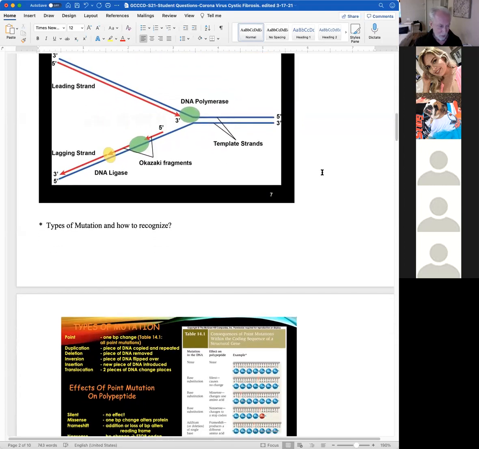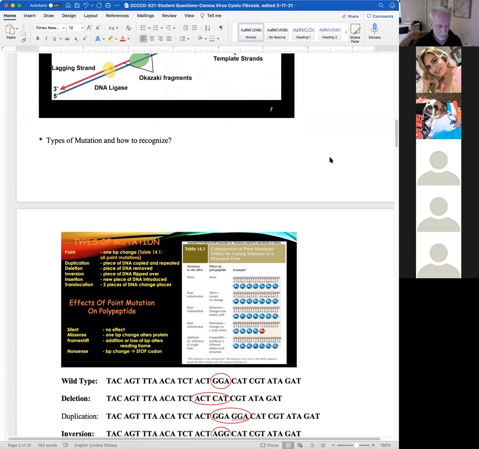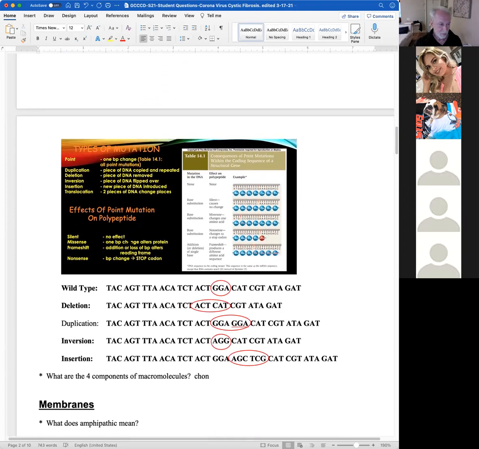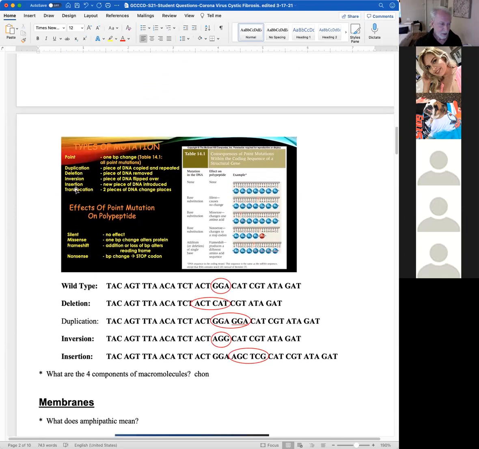There were a number of questions, all dealing with types of mutations and how you recognize which type of mutation you're looking at. Well, for that, I refer you to this slide taken from a lecture, which has the different kinds of mutation listed and says what happens in each of them.